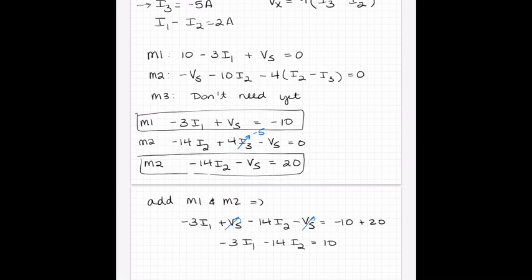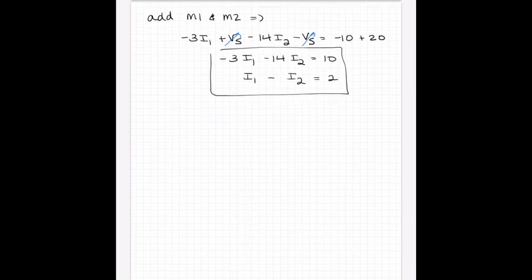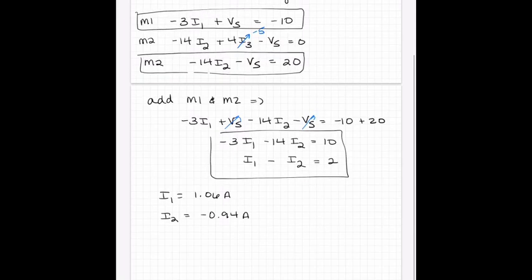And I'll use that with my I1 minus I2 is equal to 2 from what we wrote down at the beginning, what we knew. And now I have 2 equations, 2 unknowns, and I can solve for these. And I will get that I1 is equal to 1.06 amps. I2 is equal to minus 0.94 amps. Okay, now I need to solve for Vx.